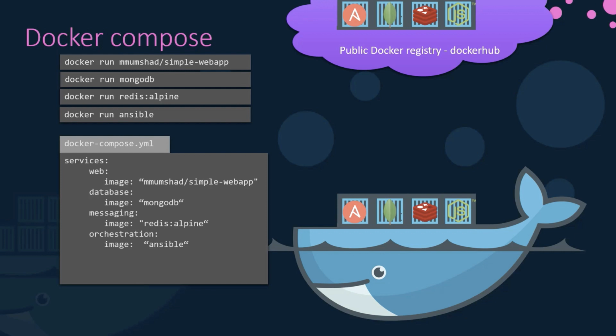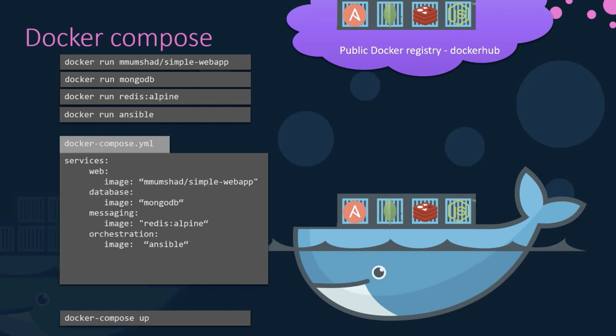Then we could simply run a docker-compose up command to bring up the entire application stack. This is easier to implement, run, and maintain as all changes are always stored in the Docker Compose configuration file. However, this is all only applicable to running containers on a single Docker host. And for now, don't worry about the YAML file. We will take a closer look at the YAML file in a bit and see how to put it together.